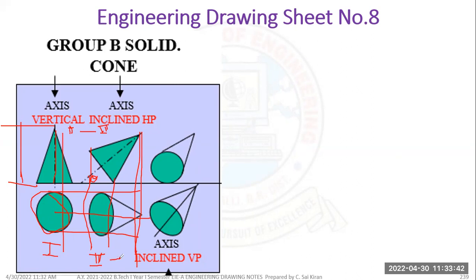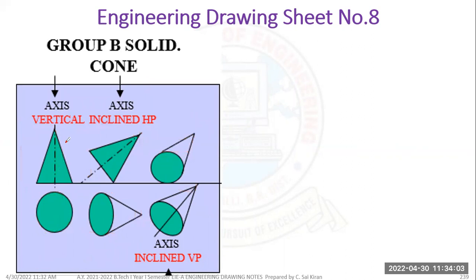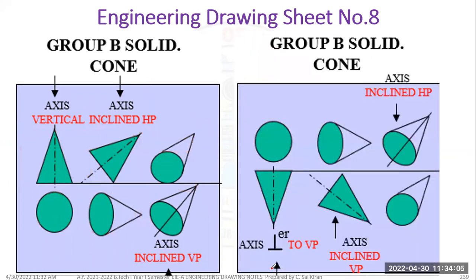And stage 4 and stage 5 have the same dimension. Don't change the dimension. This is a horizontal line. This horizontal line we are rotating at an angle of phi, and making the projections. Join these projections, then you will get the same shape here. Similarly, whenever the axis is vertical this is the case, and whenever the axis is perpendicular to VP, then you can see the true shape.